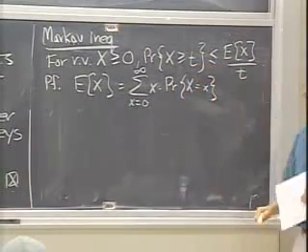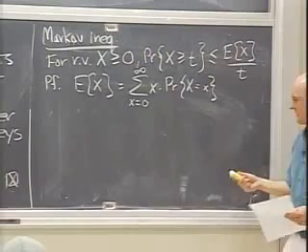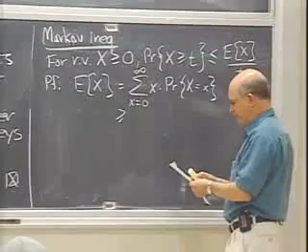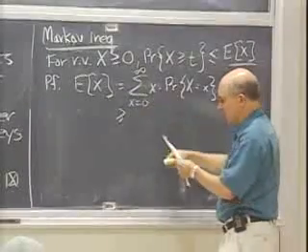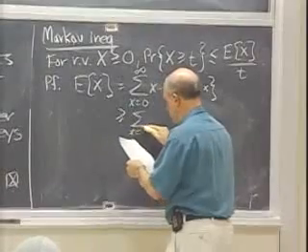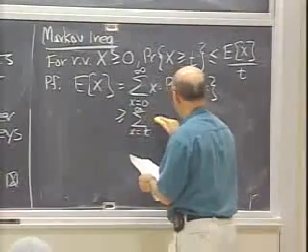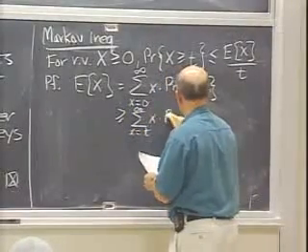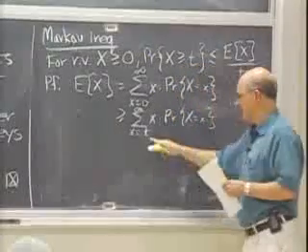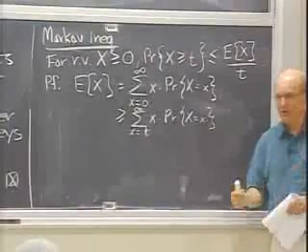That's the definition, and now it's just a question of doing the coarsest approximation you can imagine. First, let me simply throw away all small terms. So that's greater than or equal to the sum from x equals t to infinity of x times the probability that x is equal to little x. Just throw away all the low-order terms.